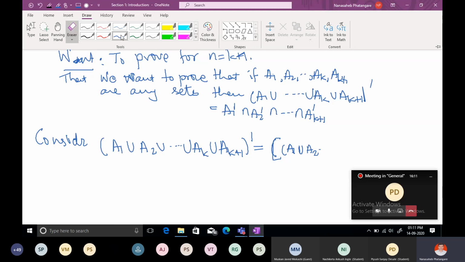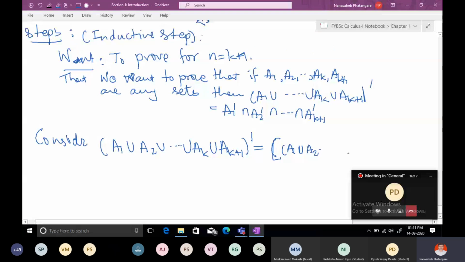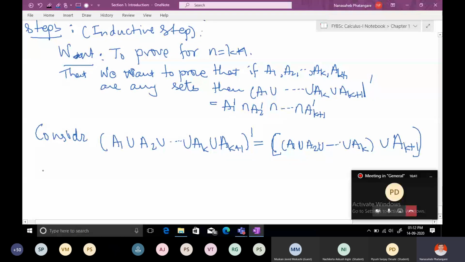I can split in this way, no harm in splitting the bracket. I will first look at a1 union up to ak, and then I will look at ak plus 1. So this union I can write as some set B union ak plus 1.